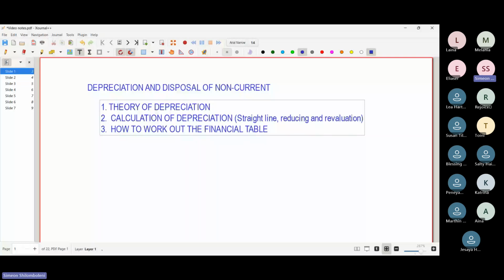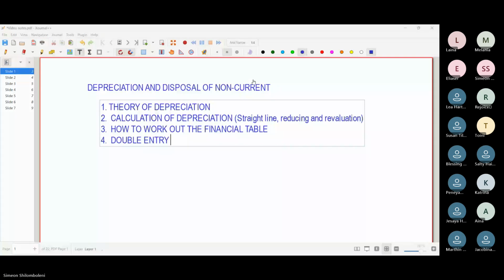How to work out the financial table, because the financial table is very important in your recording. And then I expect you to know the double entry.